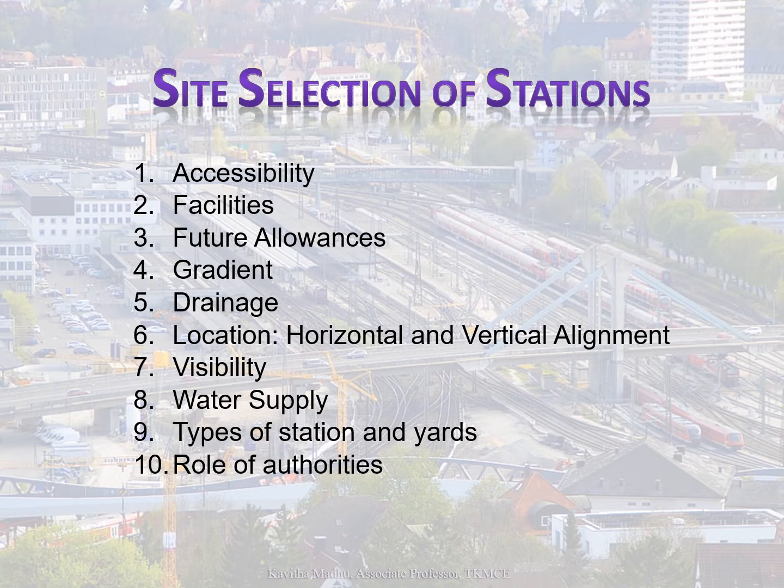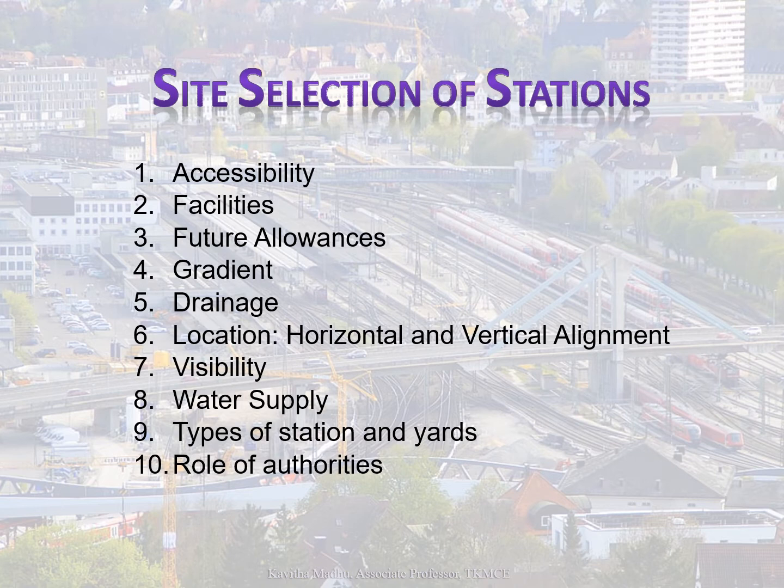That is regarding the station site alignment. And again, the station amenities: amenities like water supply, fuel, and electricity should be provided at the station site. A plentiful supply of drinkable water is essential. Then the type of station and yards: a station may be either a through type or a terminal type station.